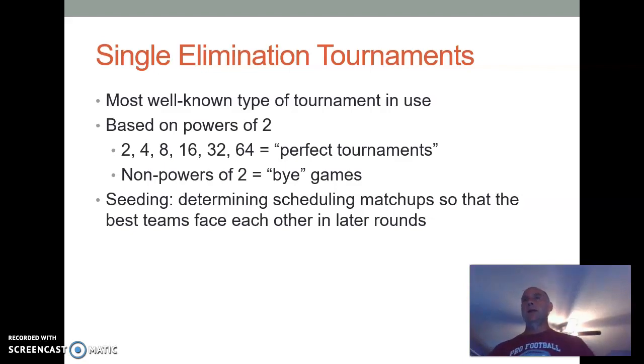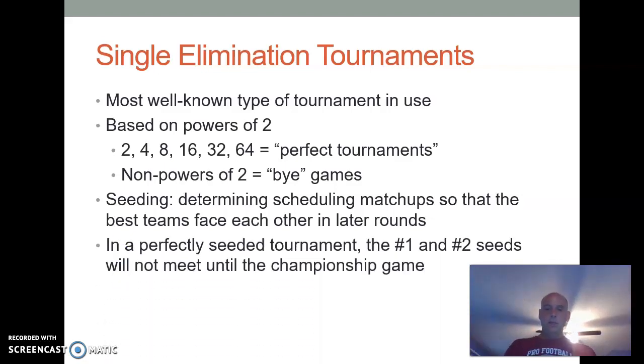Again, how do you do that? A lot of times in regular games, like a regular tournament, you do the round robin. You get the top teams based upon the round robin, and then you play that single elimination tournament based upon those seedings that you've created from the round robin. In a perfect seeded tournament, number 1 and number 2 seeds will play at the end. Will not meet until the championship game.